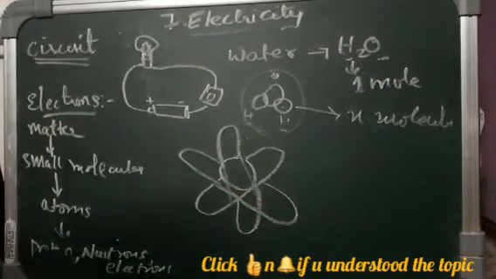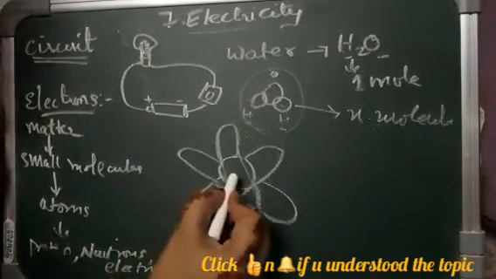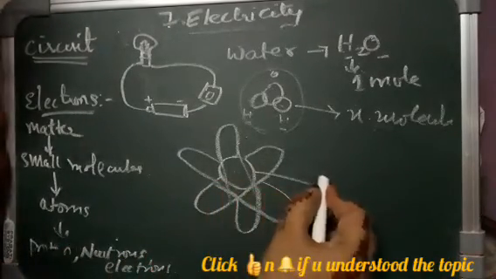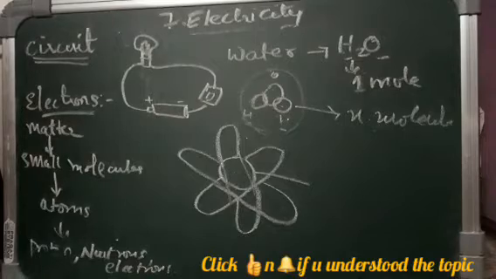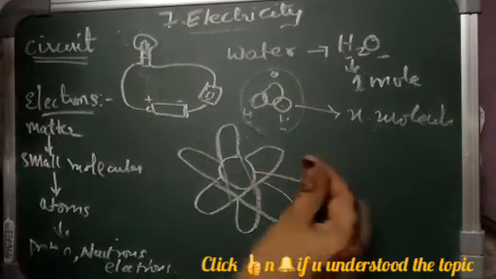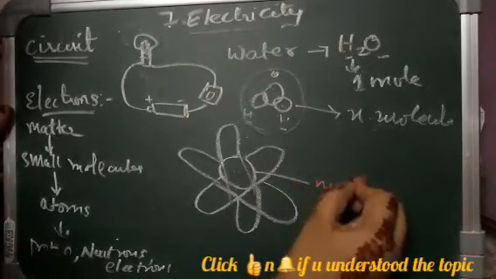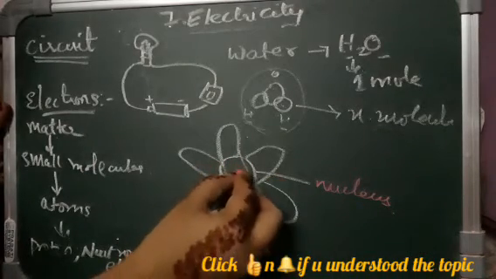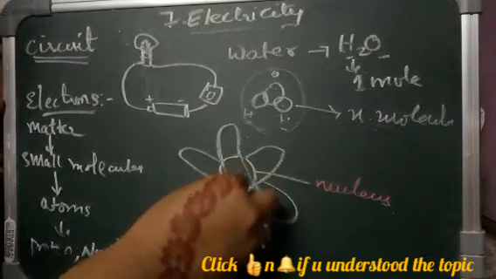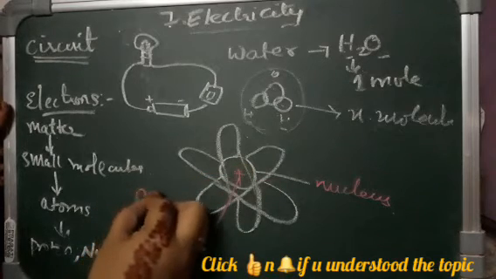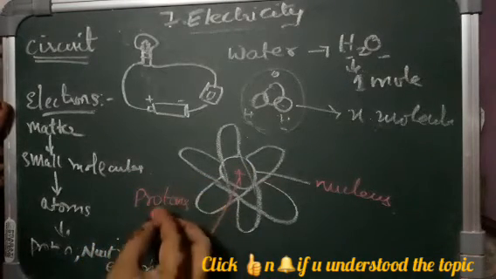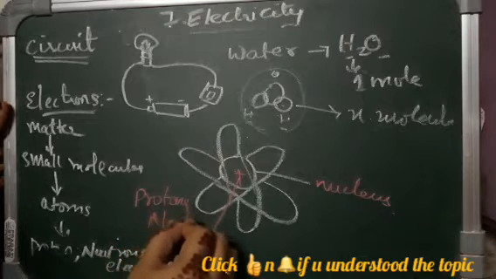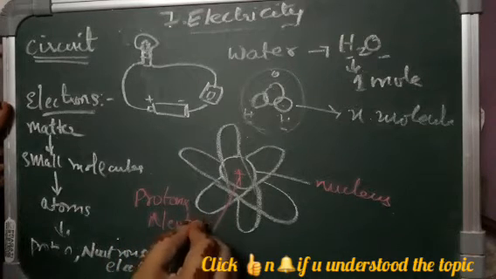This is the structure of the atom. Here you can see that this is a nucleus. It consists of positive charge, and this positive charge comprises protons and neutrons.